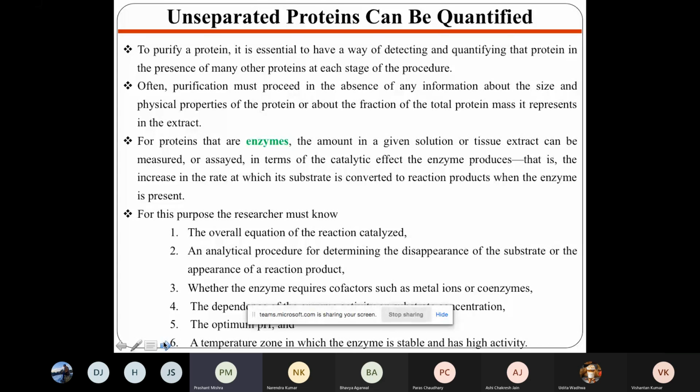The simplest way is that I can take the spectrophotometric reading of the protein, which is based on the absorption, and the absorption value will reflect how much is the concentration. So where do we see the absorbance of protein?